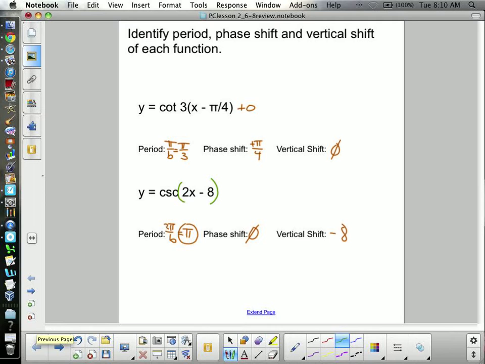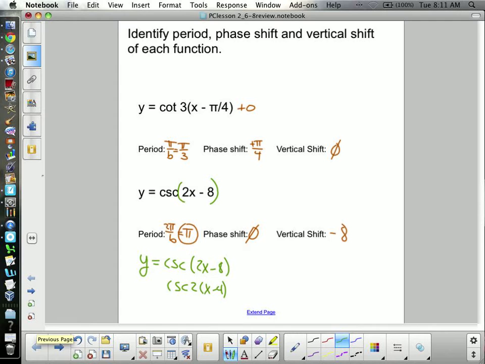Now, what if I had done that instead? Oh dear, now we have a phase shift, and we have to think about that a little differently. I have to factor out the 2, so it's cosecant of 2 times x minus 4.